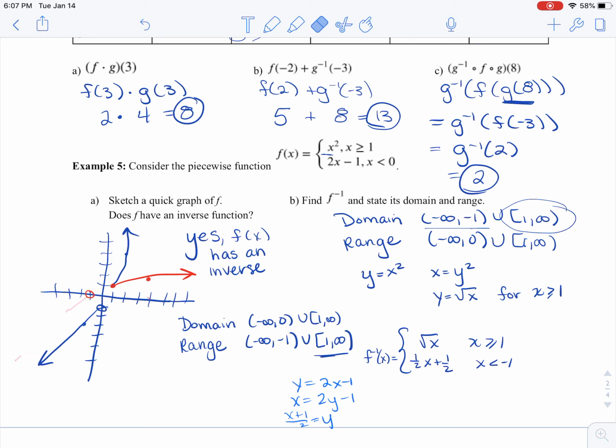It shouldn't look parallel to my other one. So, well, let's just think of a negative. So if we put in -2, we would have -1 plus 1/2. So we'd have -1/2. Okay, so we would get a line there.